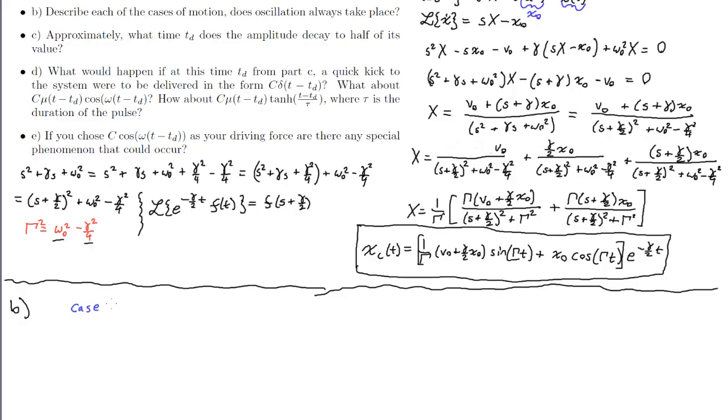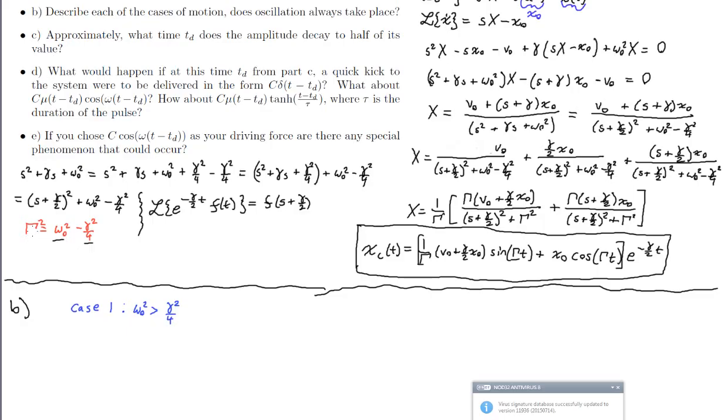Case 1 is when omega naught is greater than gamma squared over 4, right?